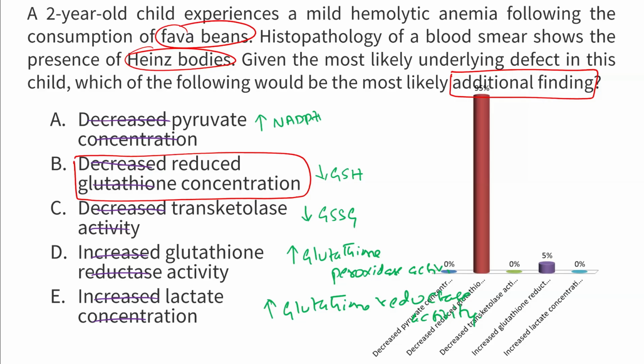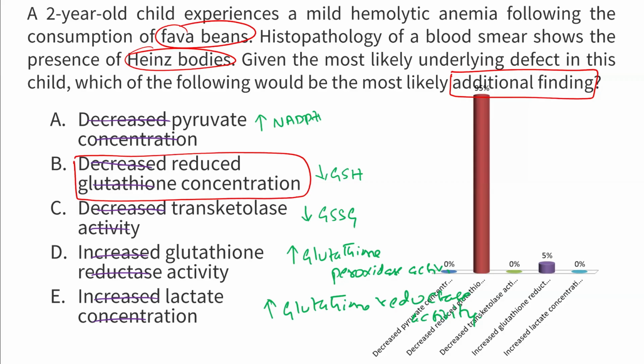That is, reduced GSH, reduced glutathione is decreased. And why is it decreased? Because NADPH is decreased. Why? Because G6PD is decreased, so NADPH is decreased. Here I have written an increase in NADPH. It should not be increased. It is decreased. That should not be your answer.